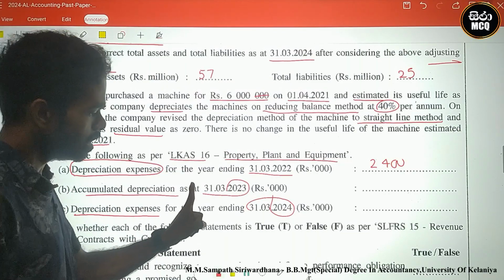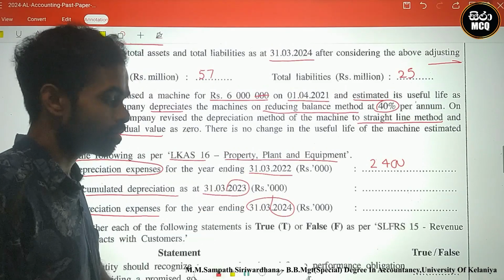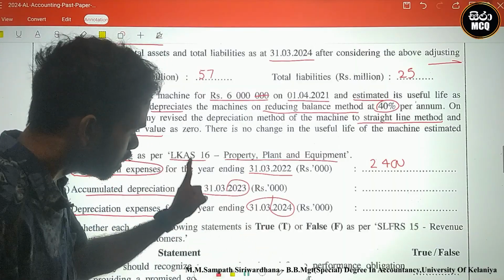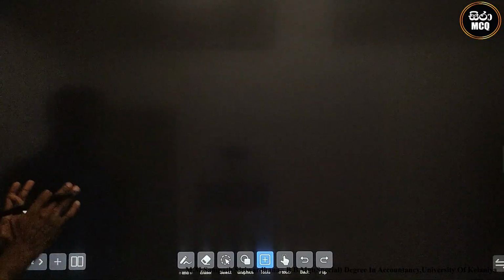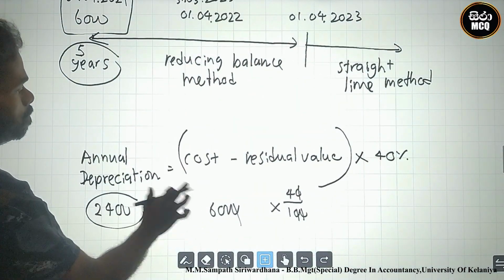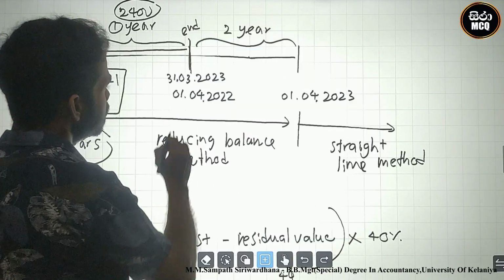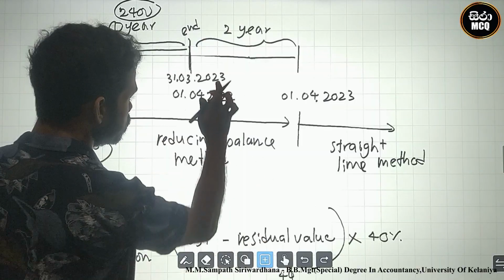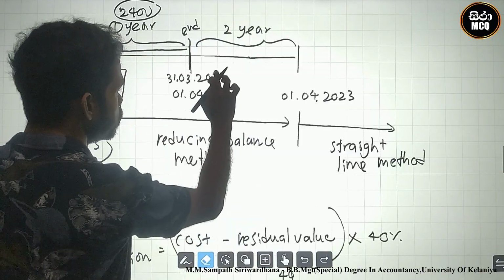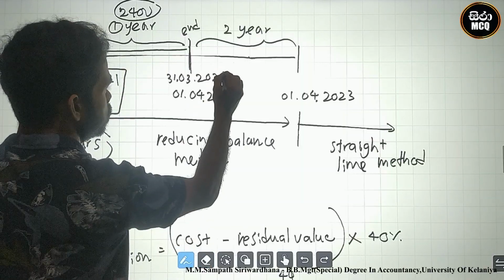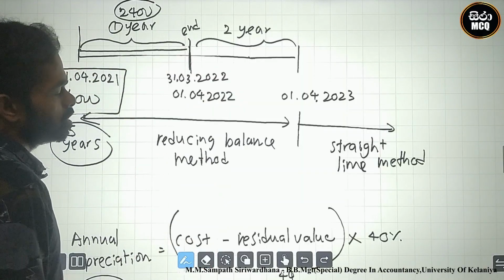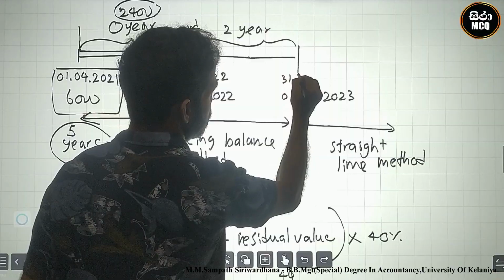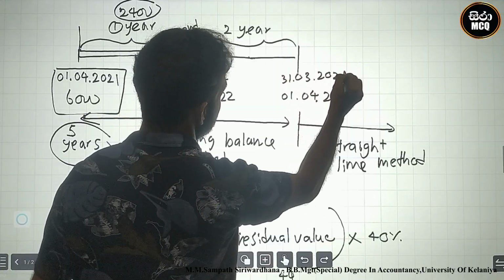Accumulated depreciation as at 31st March 2023. Accumulated depreciation, the sum of depreciation as at 31st March 2023. There is a collection of depreciations. Which date? They request the accumulated depreciation as at 31st March 2023.